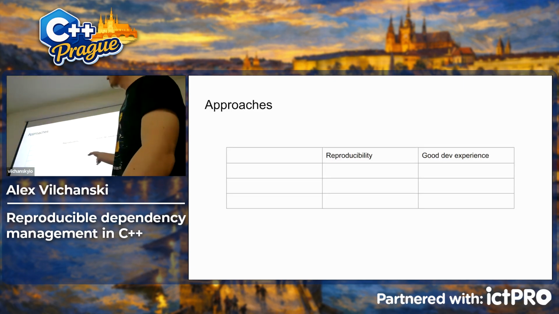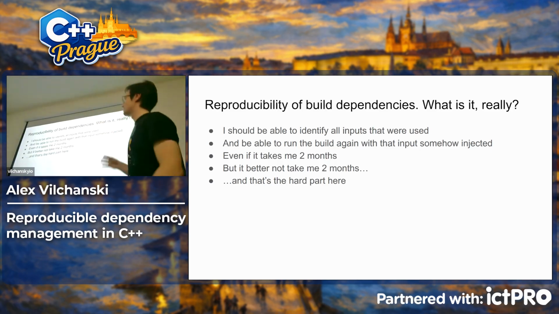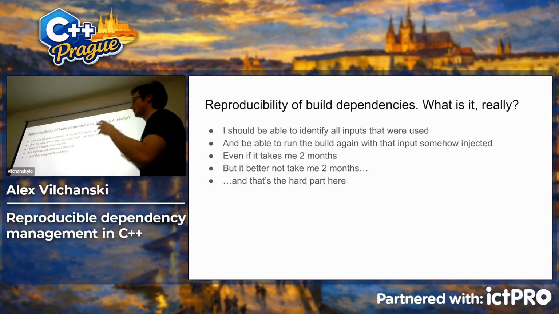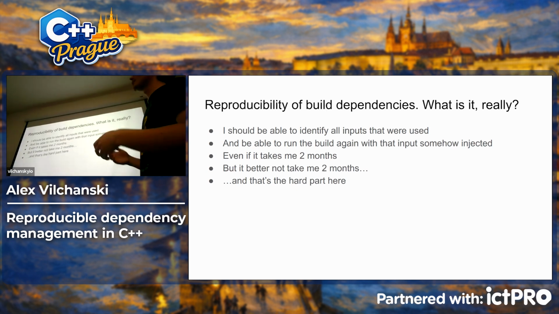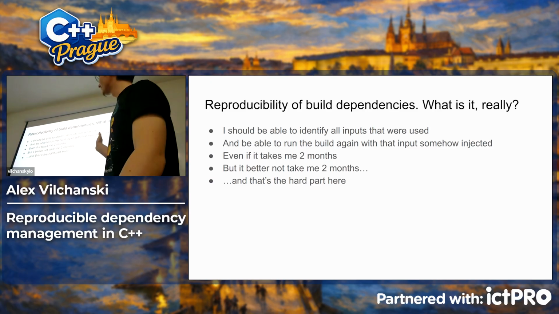By reproducibility I mean I want to identify the inputs, or at least the versions of those inputs that were used, and I wouldn't want that to take 2 months to do.